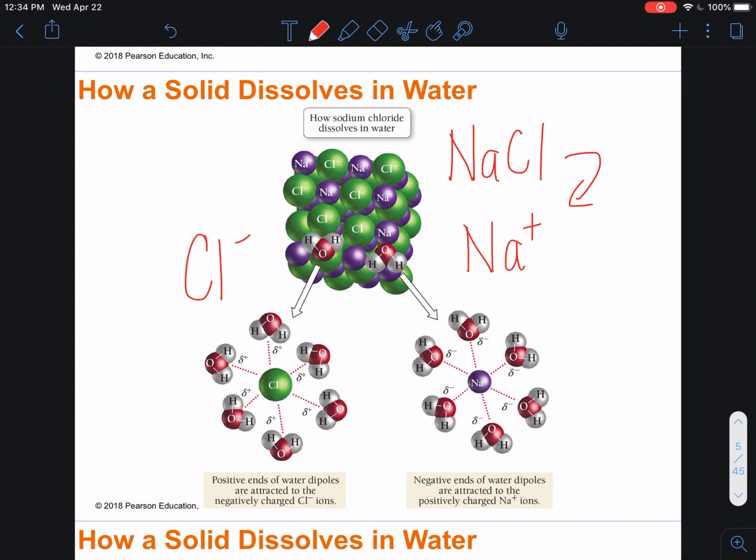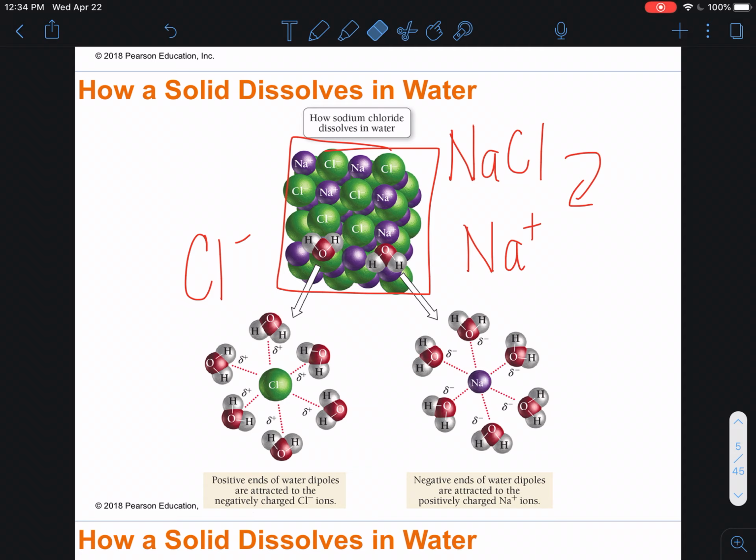Originally it's in this solid phase right here, and then when we throw it in water, what happens is that the attraction between the water and the respective ion is greater than the attraction between the cation and anion in the solid form.